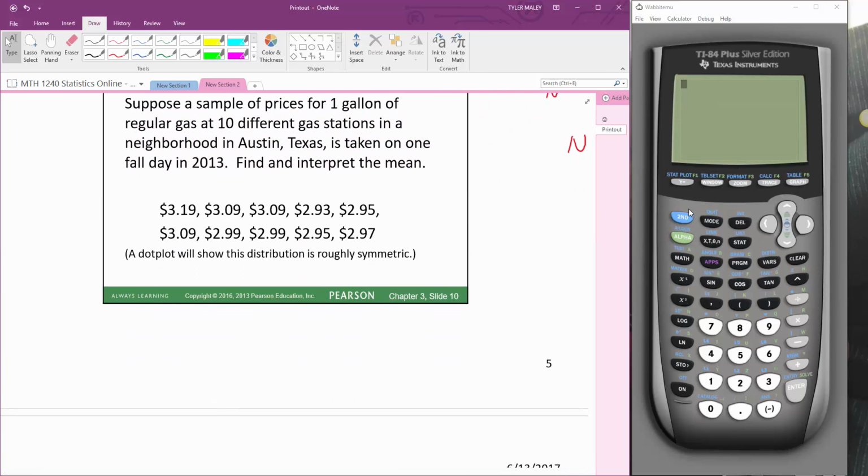So to do this, you want to go to the stat button right here above program, click this, and then we want to hit enter. We want to go to the edit, right, option 1. So I already have things in my list, so you can just delete each one of those, right? You want to make L1 be empty, if that's where you want to input data.